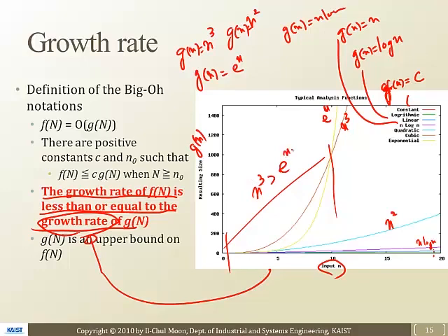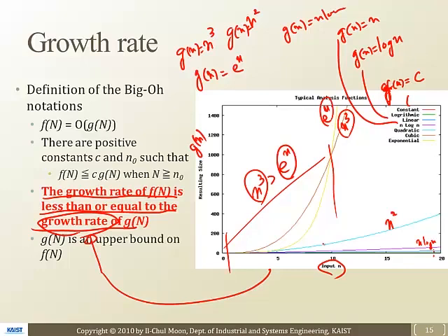But as input grows, because the growth rate of the exponential is much greater than the cubic function, after input grows to a certain point, the exponential exceeds the cubic function. So there is a certain crossover point.